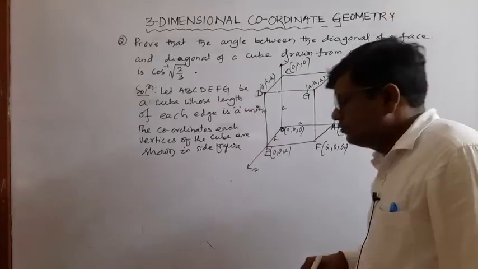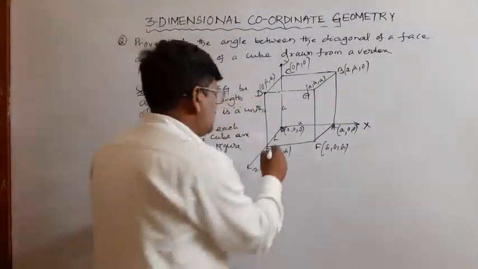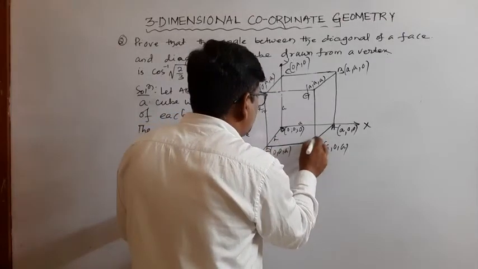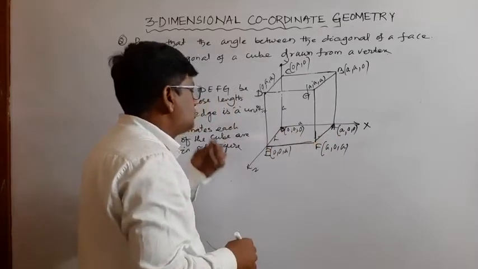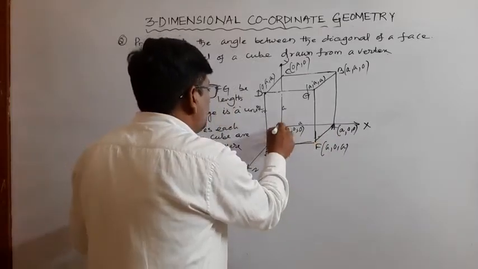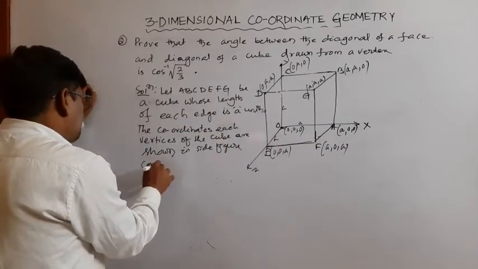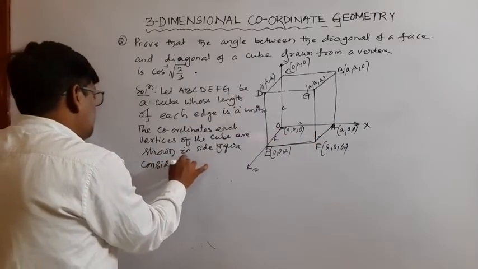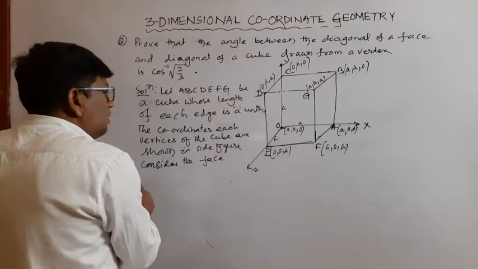Now consider a space. Suppose this is a face, and consider this is the point O. Consider the face OAFC.